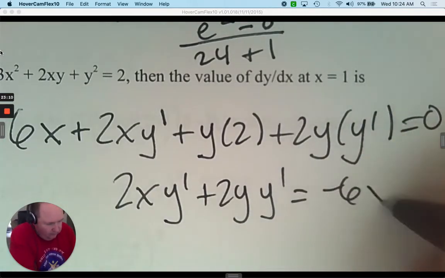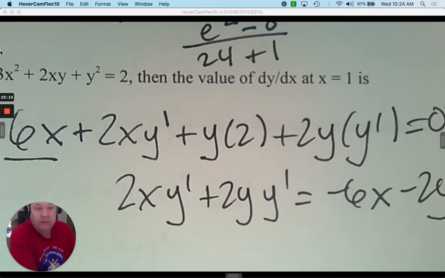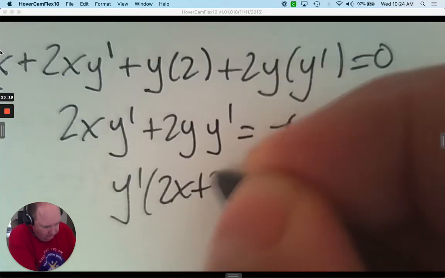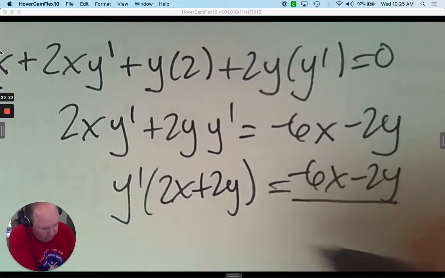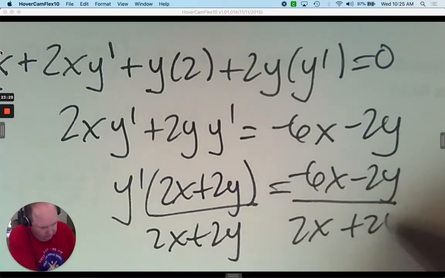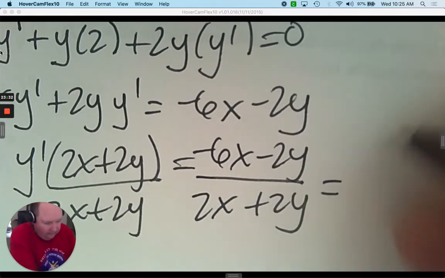But I'm going to subtract 6x, and I'm going to subtract 2y. And then I'm going to factor out a y prime. And then divide. Now, it might be helpful to reduce it down, so I'm going to divide everything by 2.